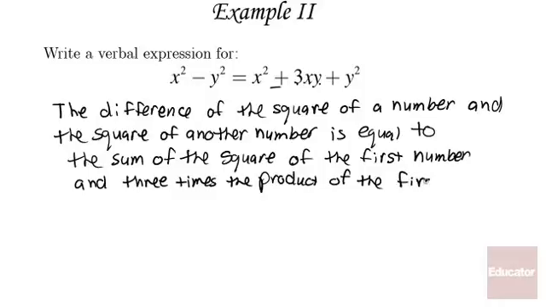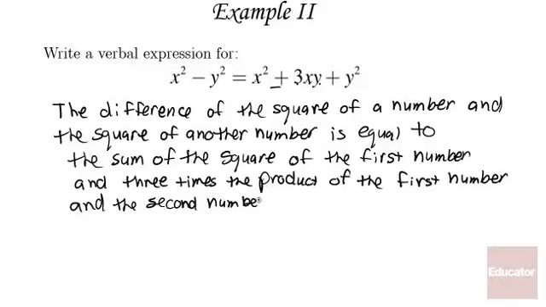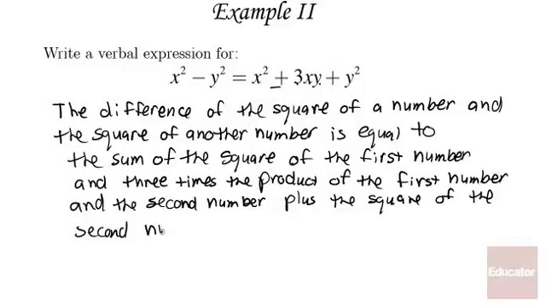The first number and the second number plus the square of the second number. Okay, so this was quite long, but you can check it.